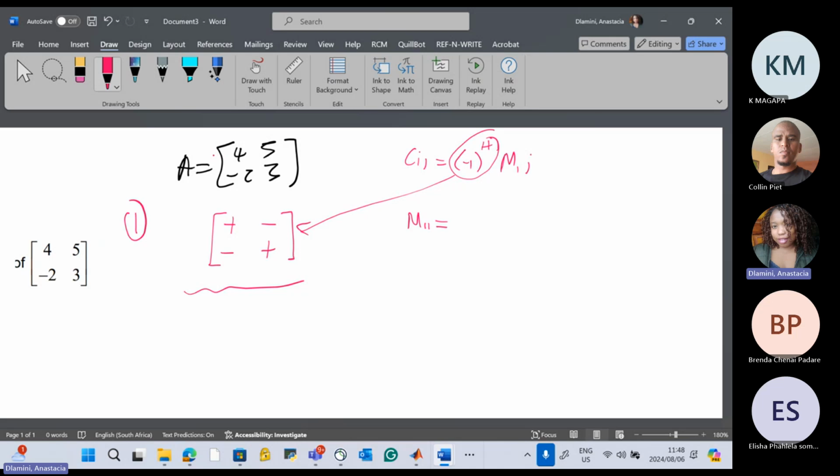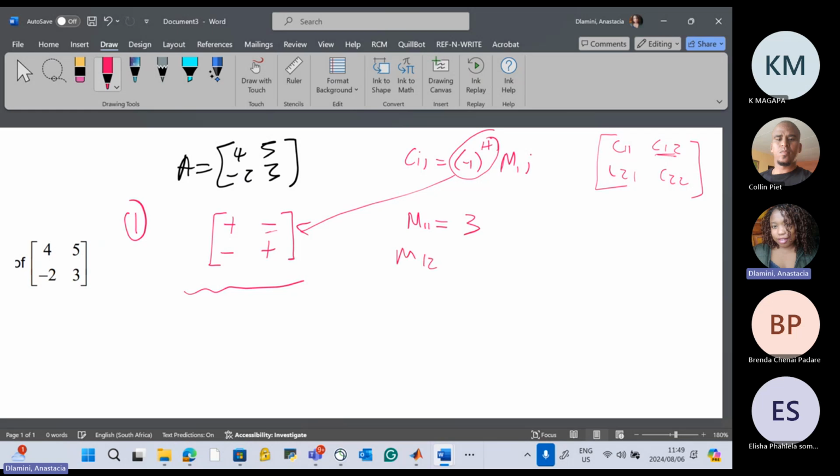We cancel the first row and the first column, so we're left with 3. Remember, we want C11, C12, C21, C22, and 3 goes in that position.